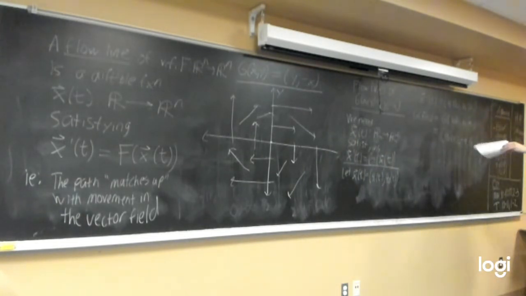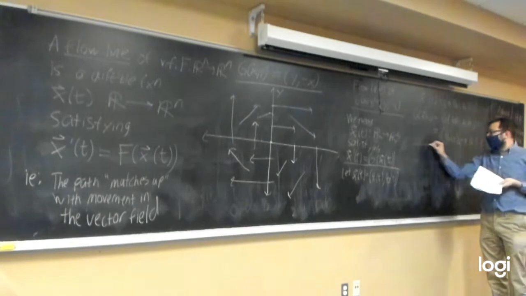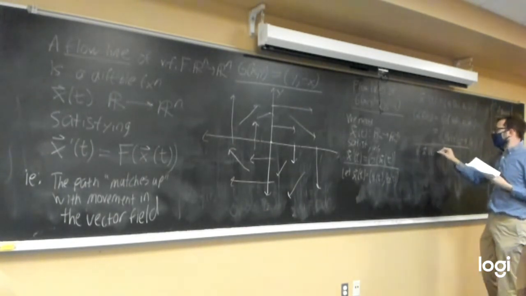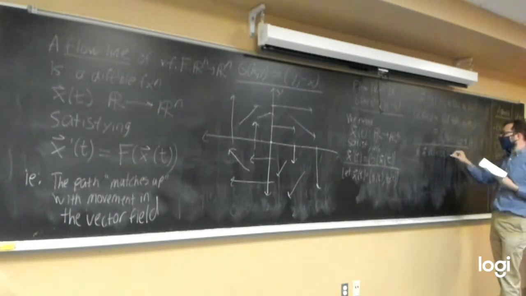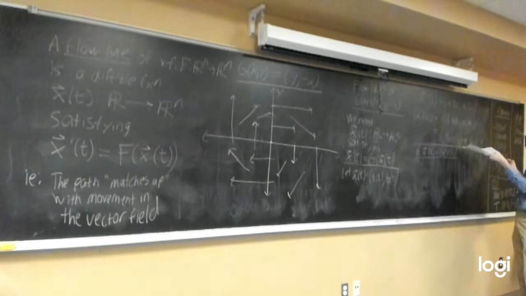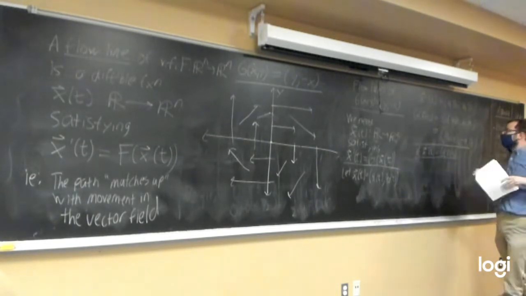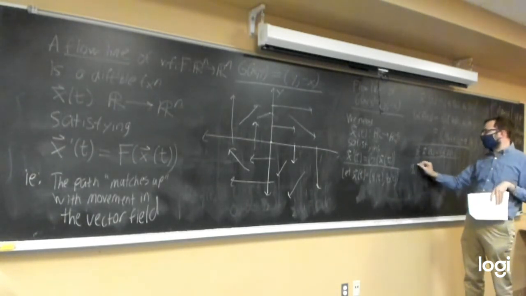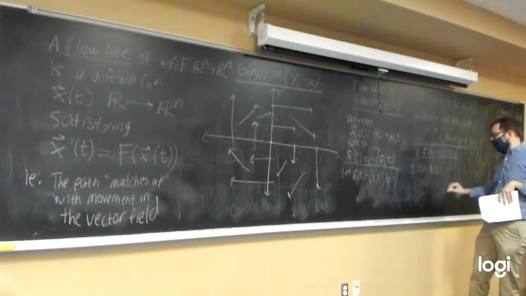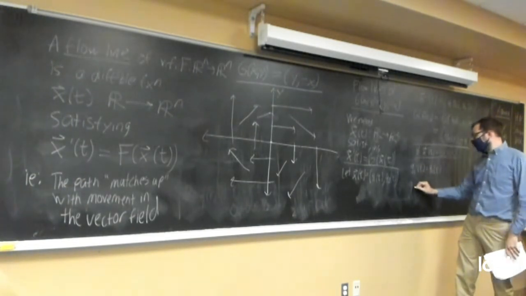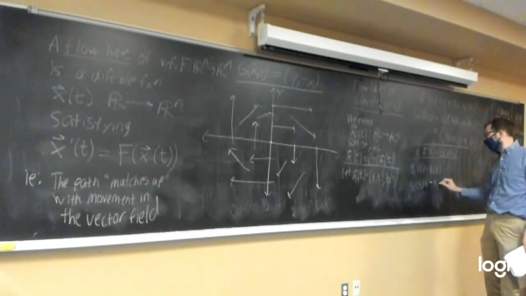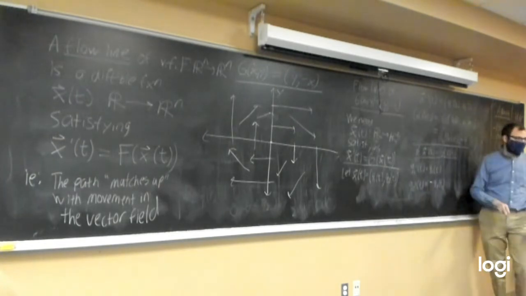So what does that tell us? Well, that tells us if x prime of t is equal to big G of x of t, we need that these two vectors are the same, which is going to tell us that G1 prime of t has to equal G2 of t, and similarly, G2 prime of t is going to be the negative of G1 of t.